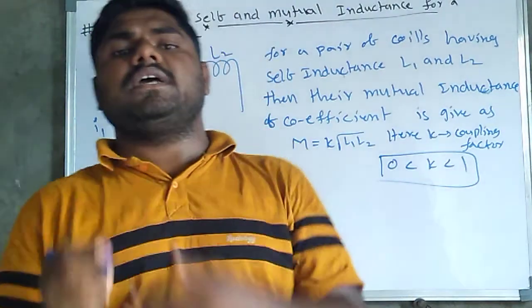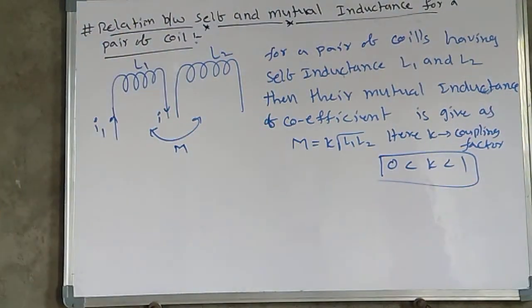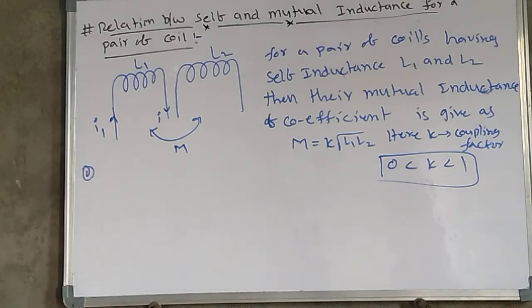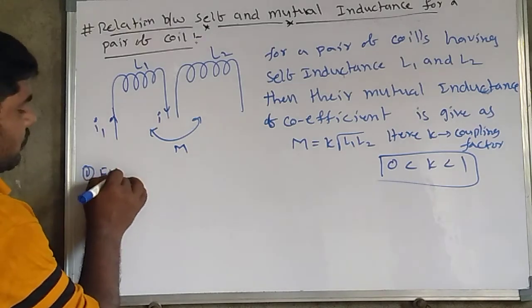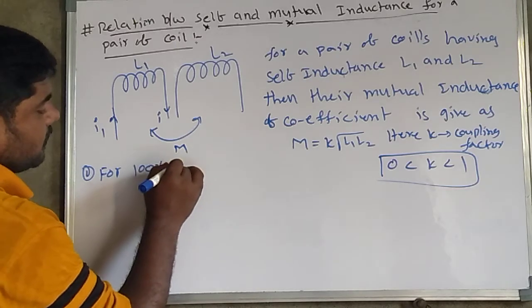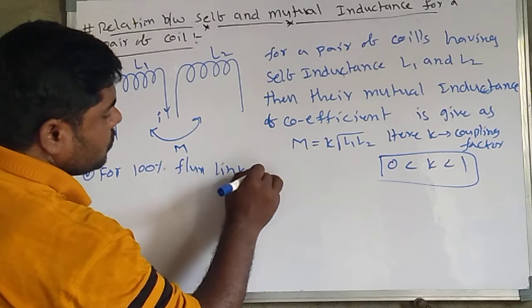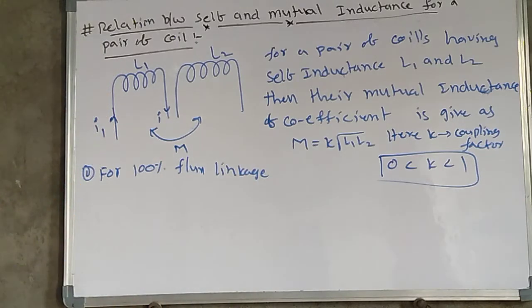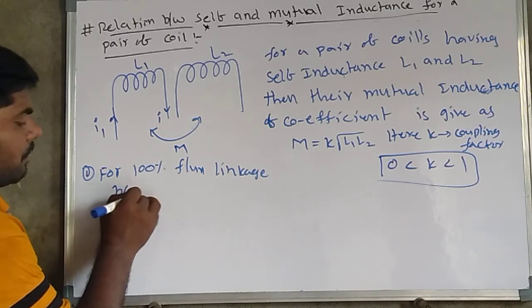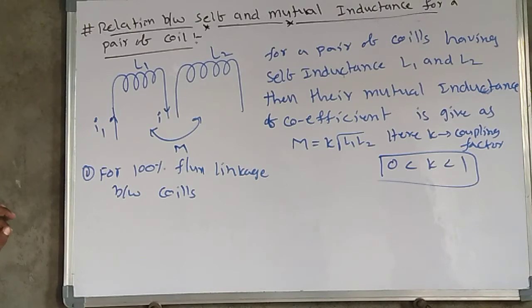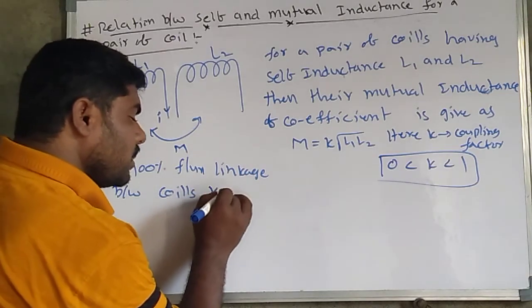So the very first point: for 100% flux linkage between coils, in this situation K is equal to 1.